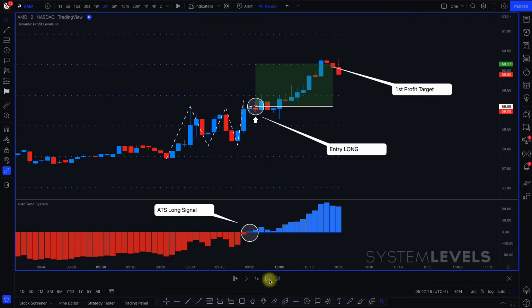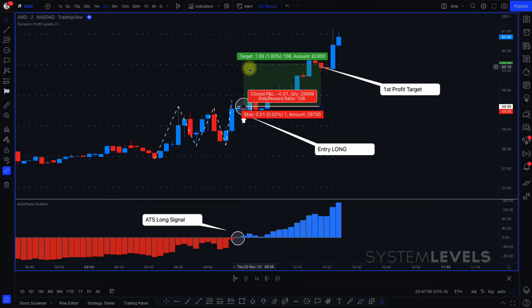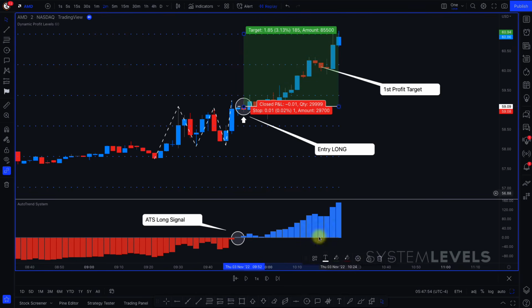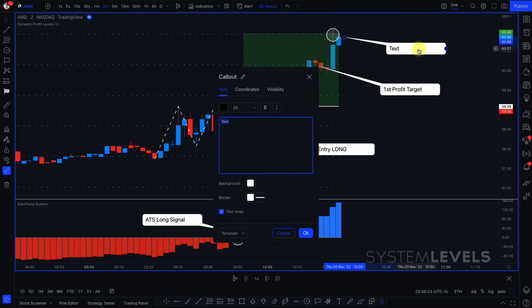We cannot lose on this trade. And right now we have just hit our second profit target right here. You see, right here, price went and hit the second dynamic profit level.